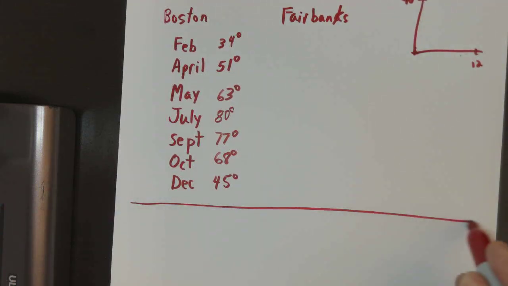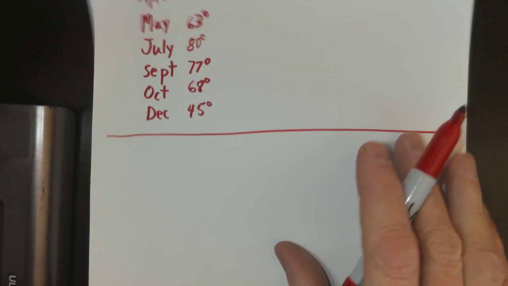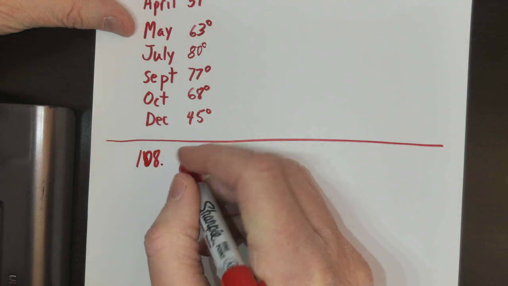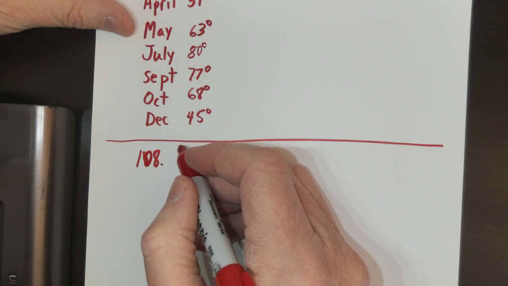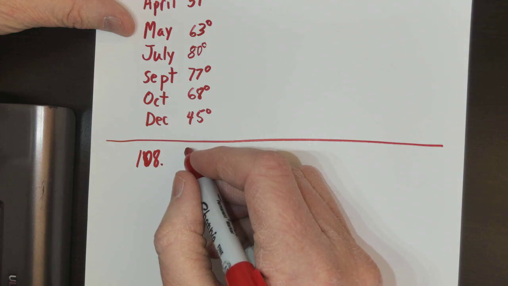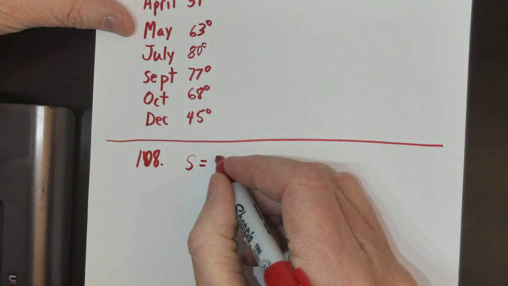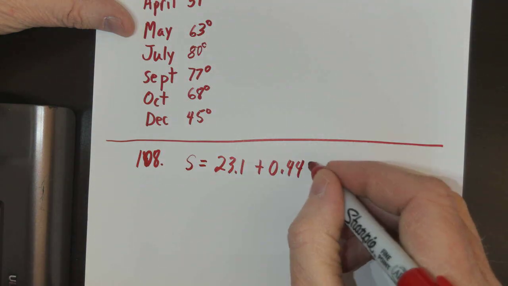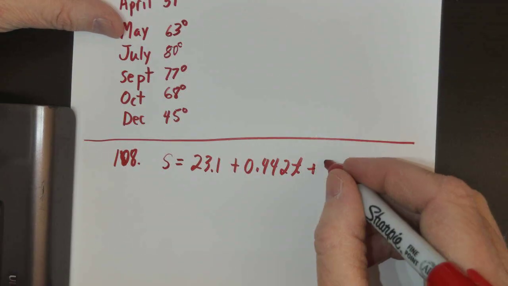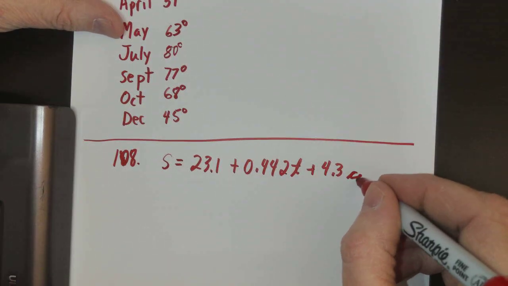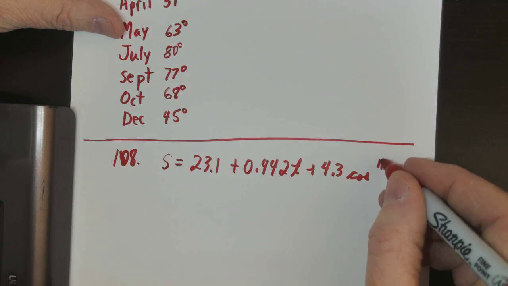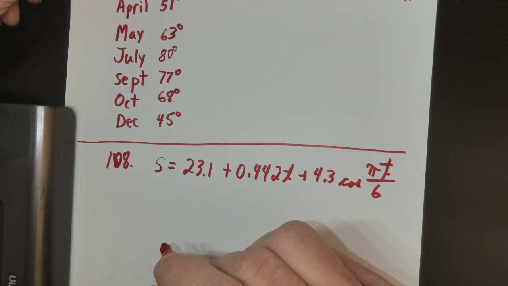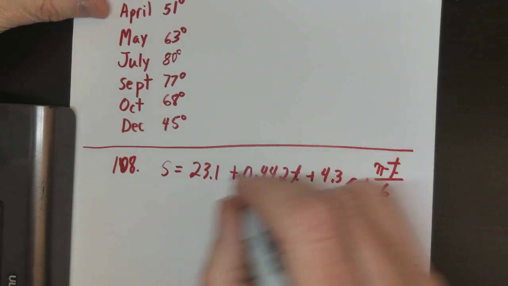Now, let's look at 108. A company that produces snowboards forecasts monthly sales over the next 2 years to be this. S equals 23.1 plus 0.442 T plus 4.3 cosine of pi times T over 6, where S is measured in thousands of units.